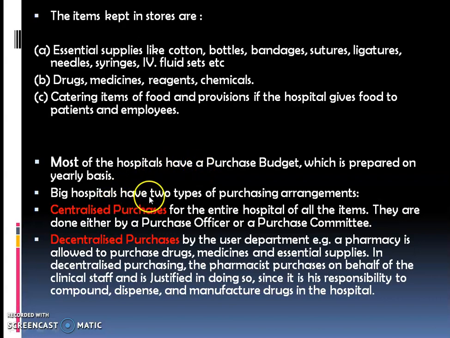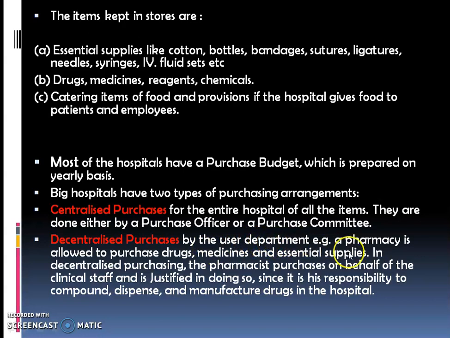Big hospitals have two types of purchasing arrangement. First is centralized purchase for the entire hospital of all the items. They are done either by a purchase officer or by a purchase committee. And second is decentralized purchase, which is done by the user department.